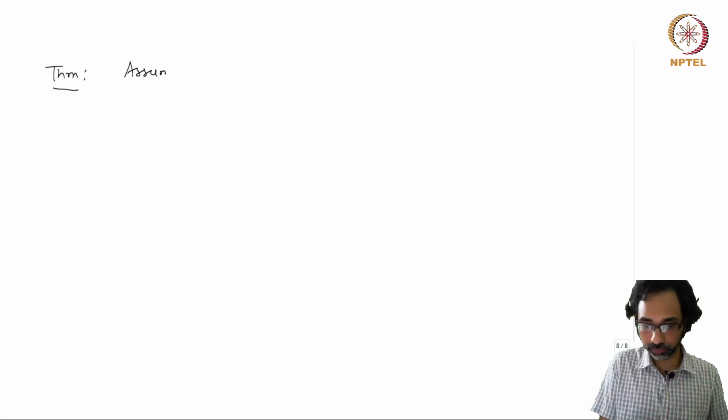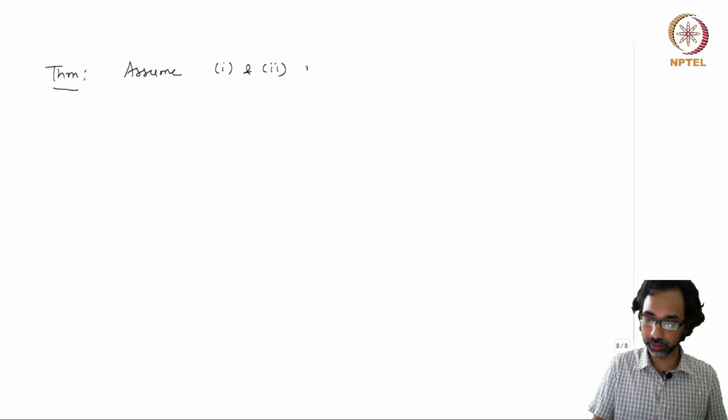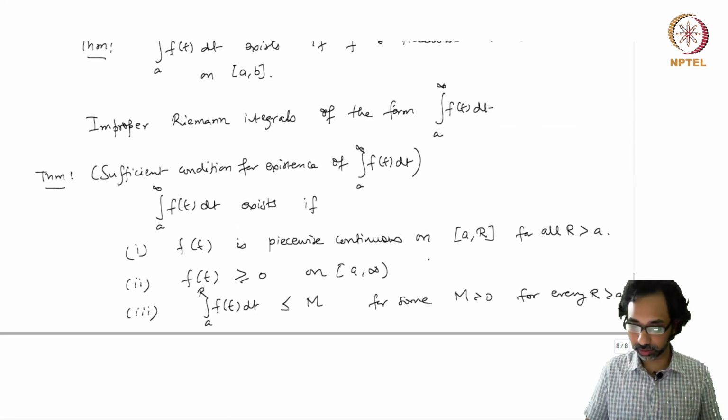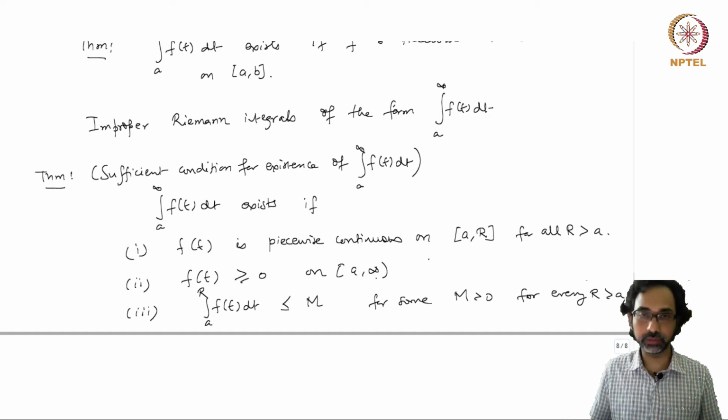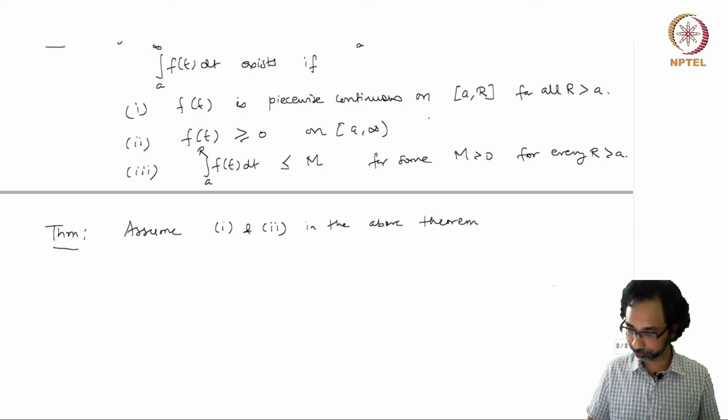Another sufficient condition is given as follows. So assume 1 and 2 in the above theorem. Meaning that, first, f(t) is piecewise continuous on each closed interval of the form [a, r] for r greater than a, and it is positive on [a, infinity).